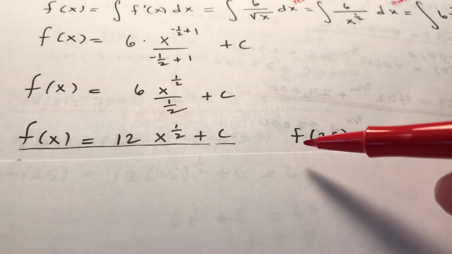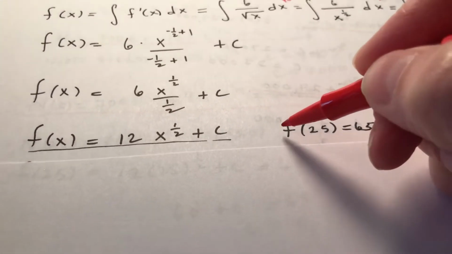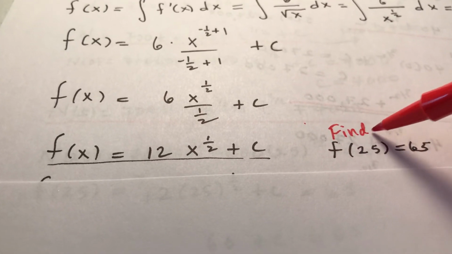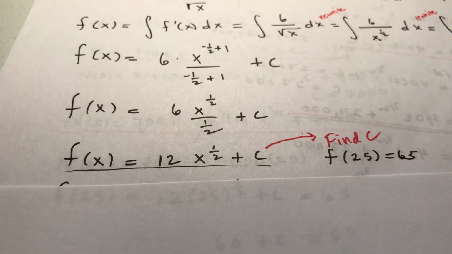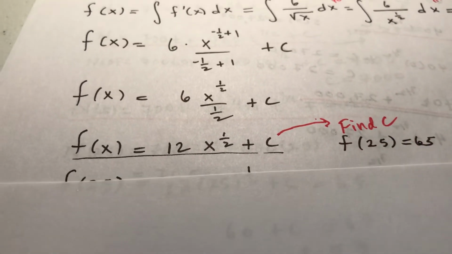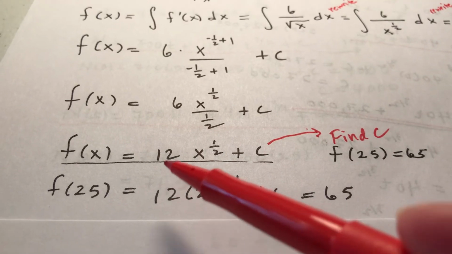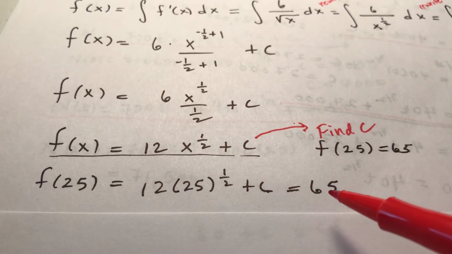There's more to it. We know that f of 25 is 65, so this is going to help us find c. This c right there. Because if I plug in, and this is little f of 25, I put a 25 in there: 12 times the square root of 25 plus c is equal to 65.